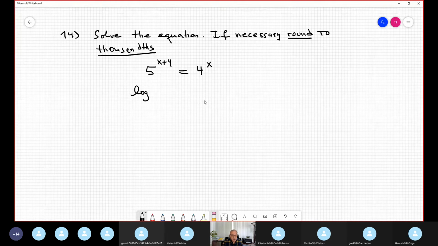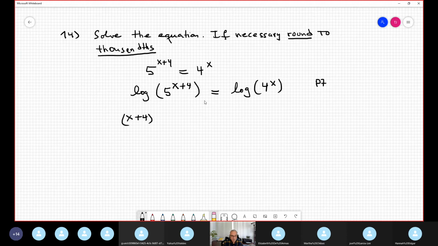Okay. Now you apply logarithm to both sides. This is possible because logarithm is a one-to-one function. Now you apply property 7, which is magical. The exponent goes to the front as a factor, like that.